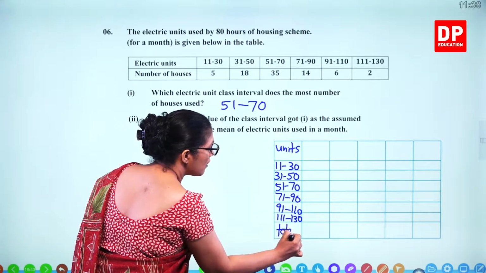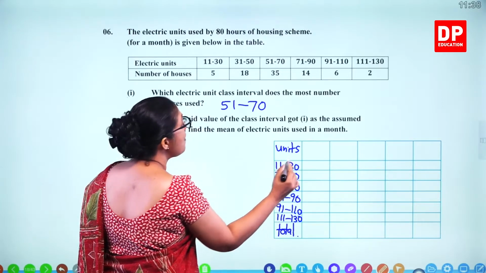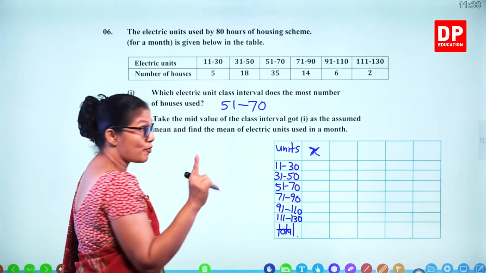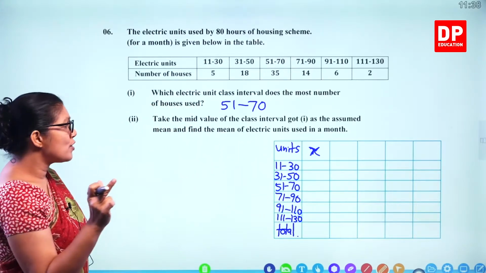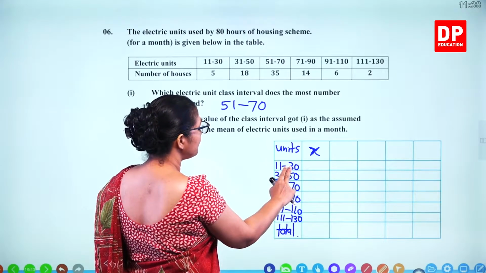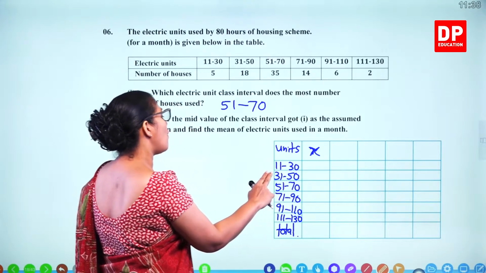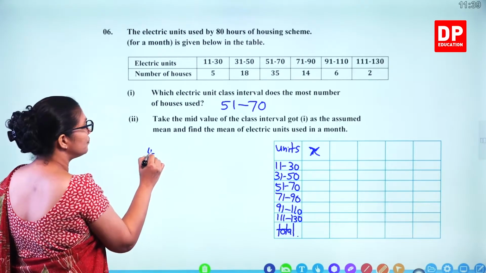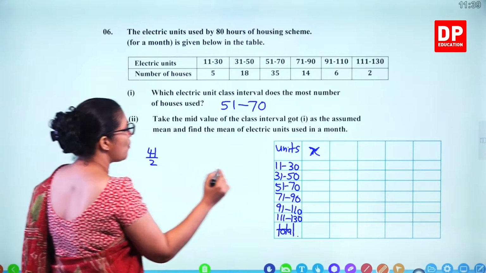So we need to calculate the total and then mid values. We'll take x as the mid value. How do you find the mid value? Add the limits and divide by 2. 30 plus 11, 41. 41 divided by 2, 20.5.